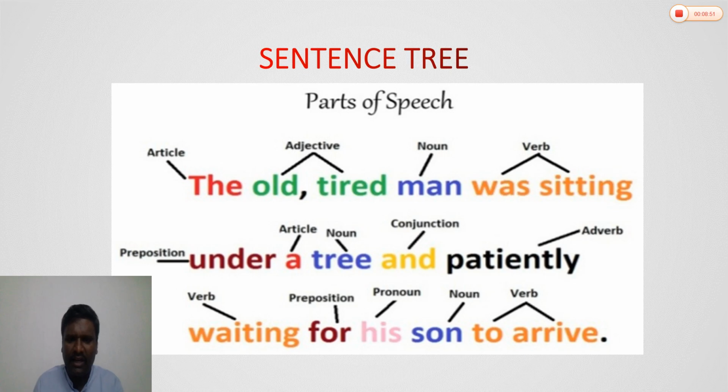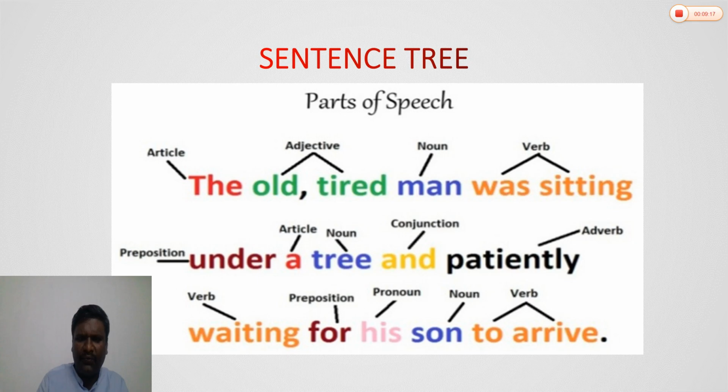In the next sentence, under a tree and patiently: under is a preposition, a is an article, tree is a noun, and is a conjunction, patiently is an adverb, and other things you all could see. So in a sentence we could see almost all the parts of speech.